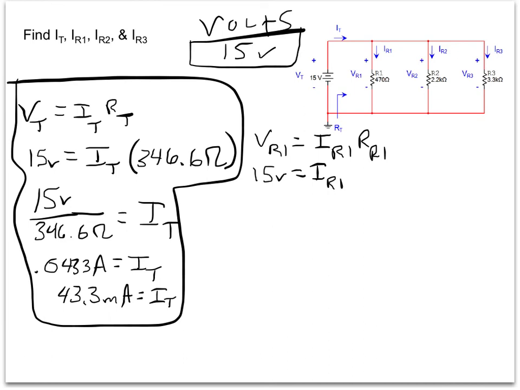The resistance at this component here is 470 ohms. Trying to get I by itself, we're going to divide both sides by 470 ohms. Put that in your calculator. That ends up being 0.032 amps, which is 32 milliamps.